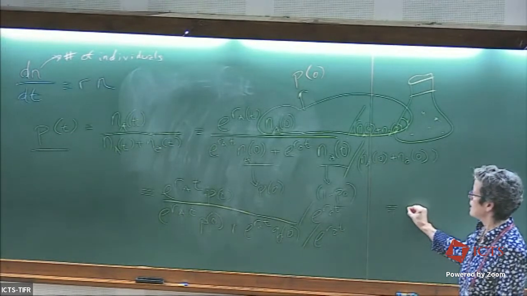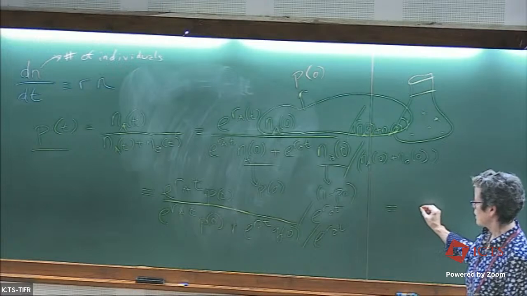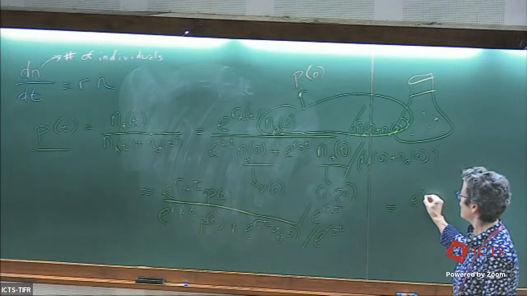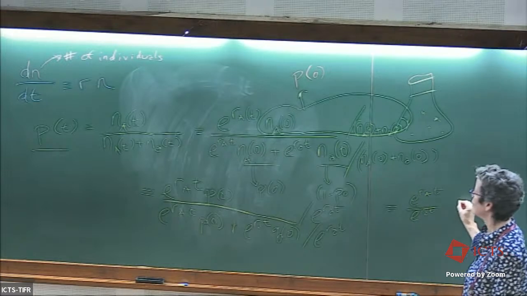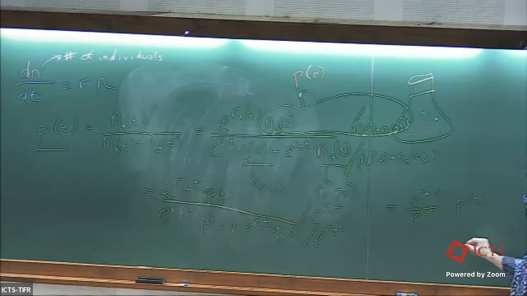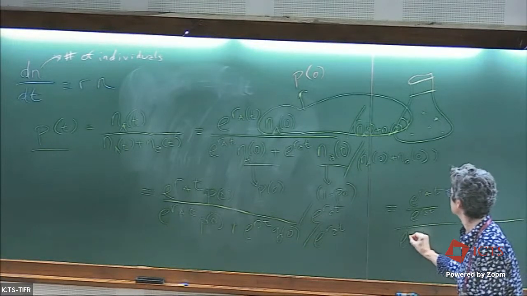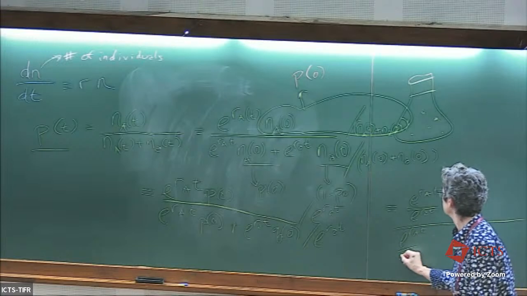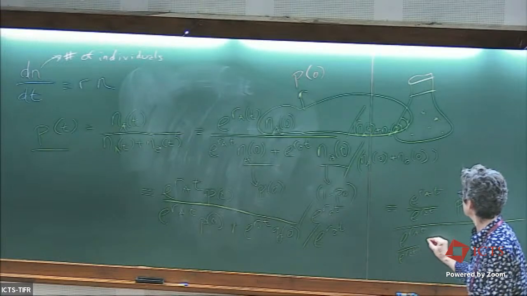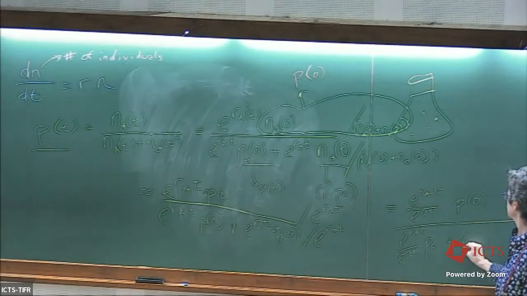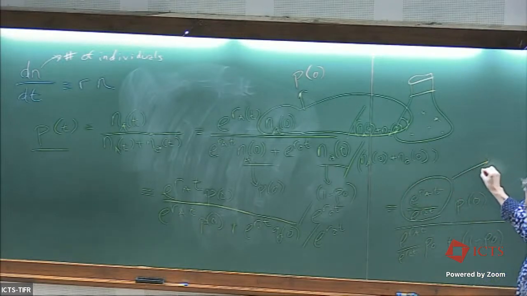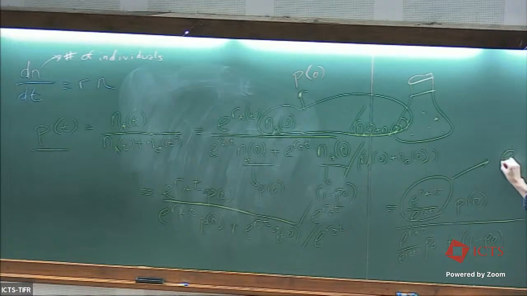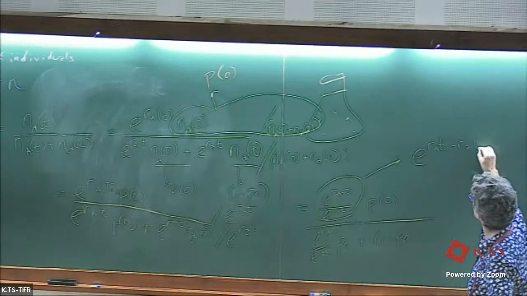Then that will lead to e to the r a t over e to the r little a t times p naught. And this thing here, using the rules of exponentiation, can be simplified as e to the (r big A minus r little a) t.